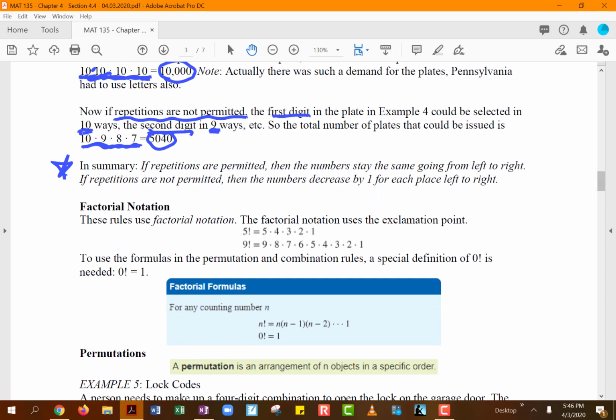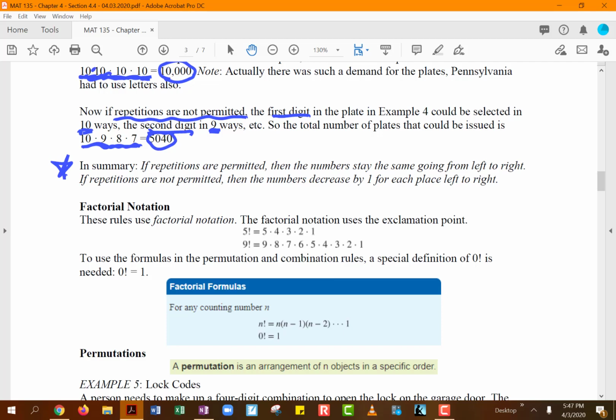Factorial notation is basically where it uses this rule where repetitions are not permitted. So your numbers start going down by 1 unit for each place as you go from left to right. When you're talking about 5 factorial, it means you are taking 5 times 4 times 3 times 2 times 1. So you can see how with each place, the number starts decreasing by 1.